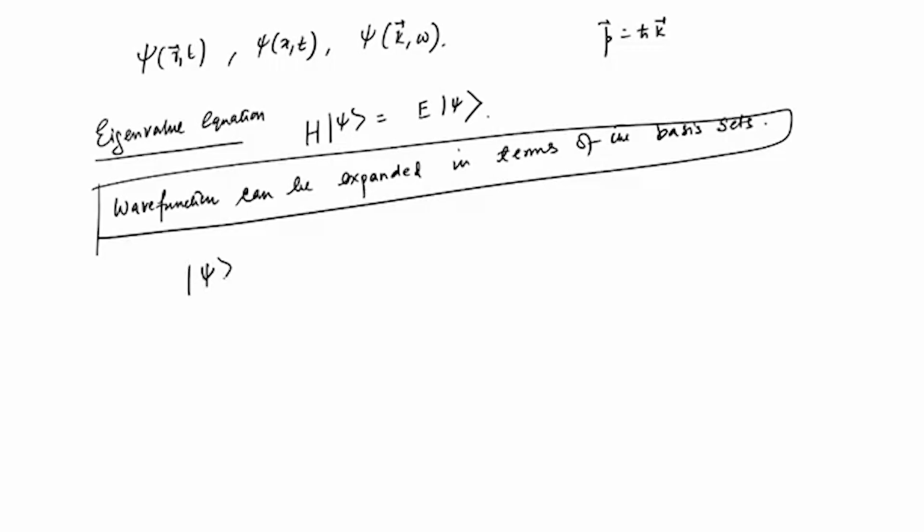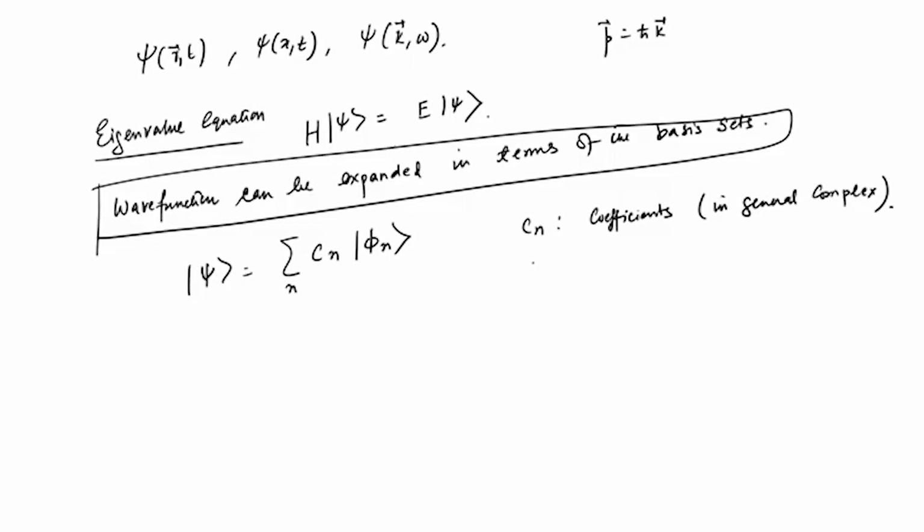So, the wave function is really written as the sum of C n phi n, where C n's are the coefficients of this expansion and in general complex. So, the C n's are in general complex, and phi n's are the basis sets.